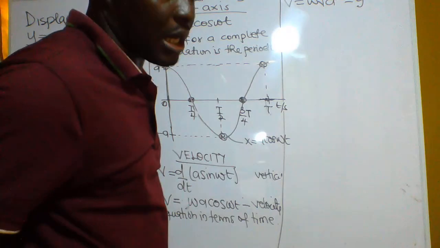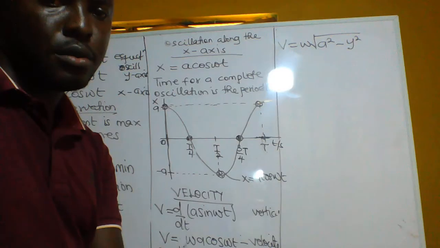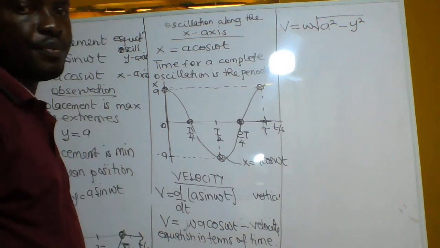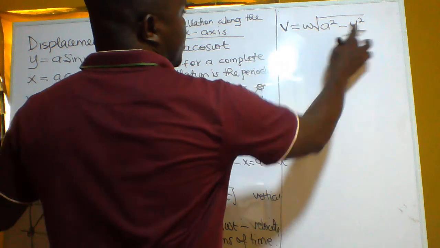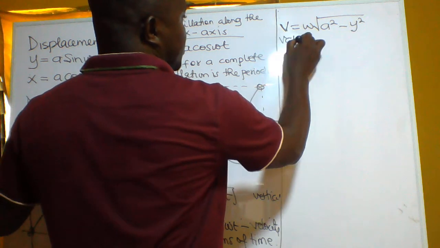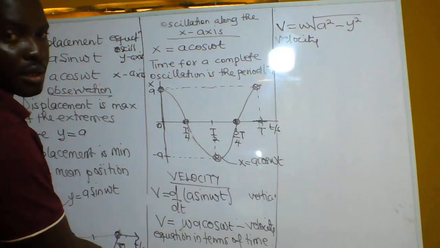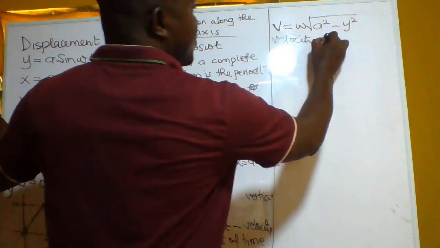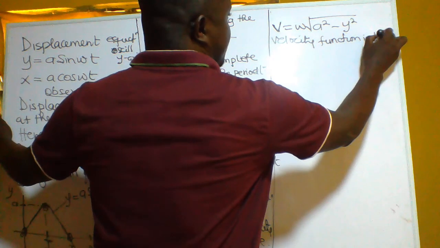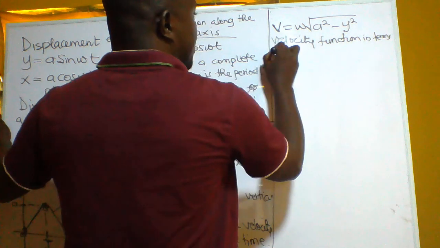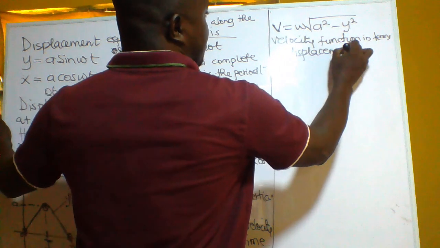This gives us the velocity equation or function, the velocity function in terms of displacement y.